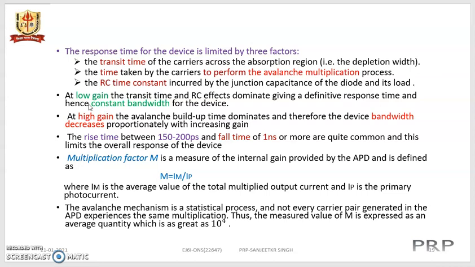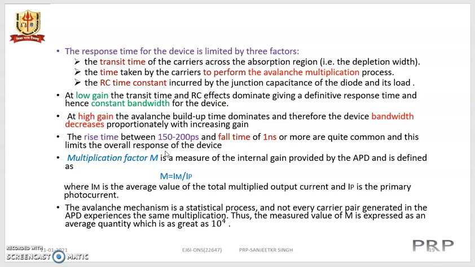At low gain, the transit time and the RC effect dominate, giving a definite response time and hence constant bandwidth for the device. Whereas at high gain, the avalanche build-up time dominates and therefore the device bandwidth decreases proportionally with the increasing gain.